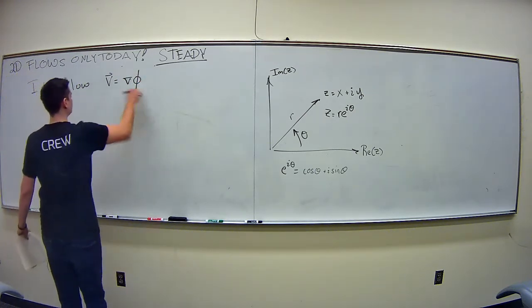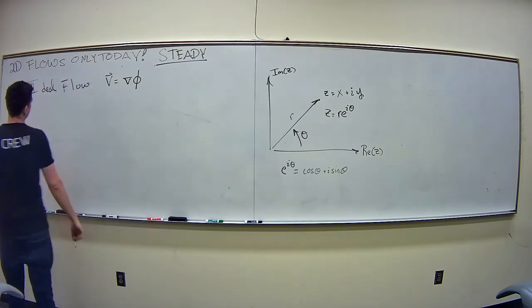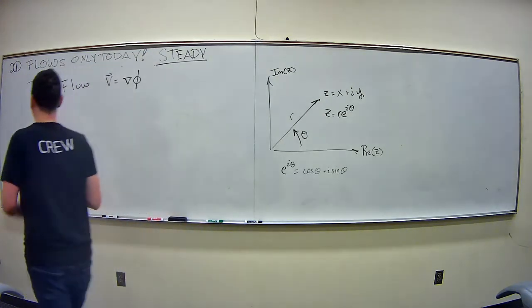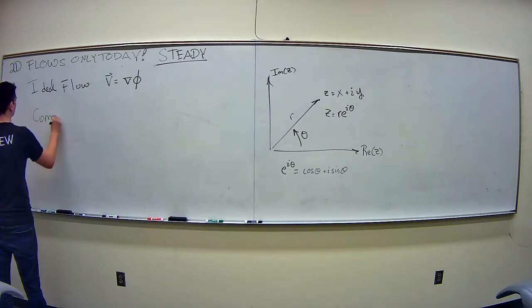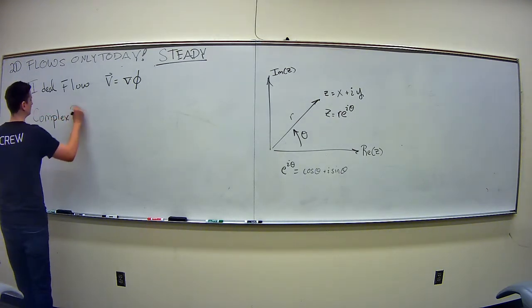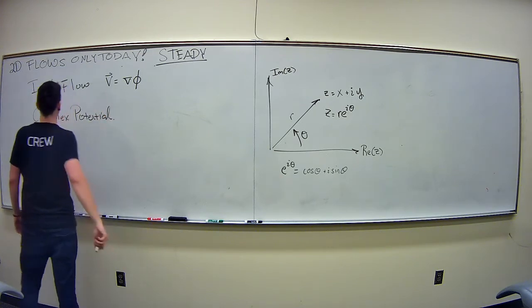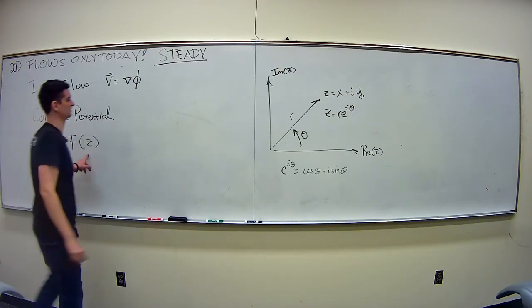This is a real value potential function in this formulation. There's a much larger overarching trick, and that's the idea if we look for a complex potential, where this is a function of a complex variable z.